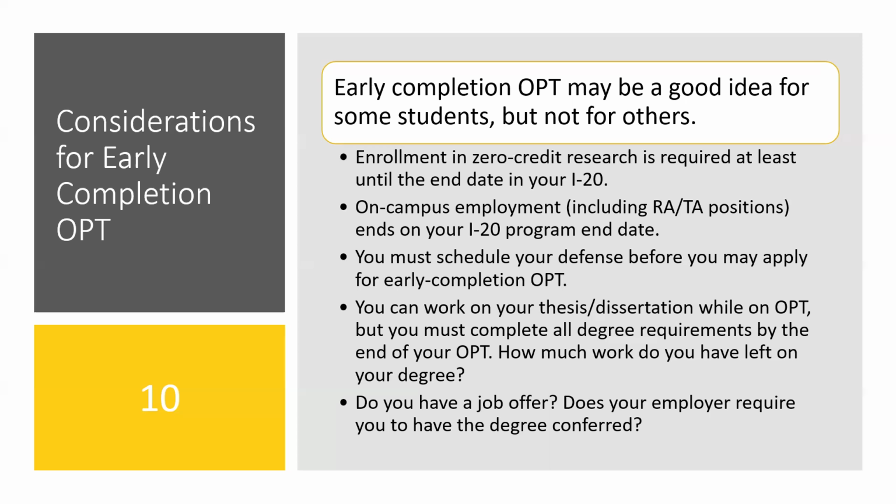Another consideration is that for a lot of academic positions, including postdoc positions, you may actually be required to have the PhD conferred in order to be eligible. So if that's the case, early completion OPT may not be a good idea. Now, of course, always feel free to consult with your ISSS advisor. We're always happy to talk through some scenarios to try to figure out if this makes sense or if it doesn't.